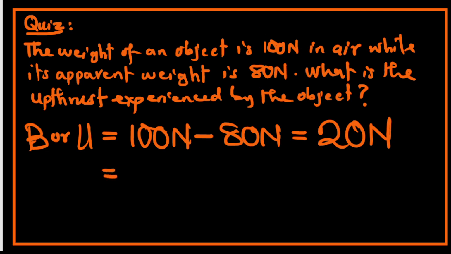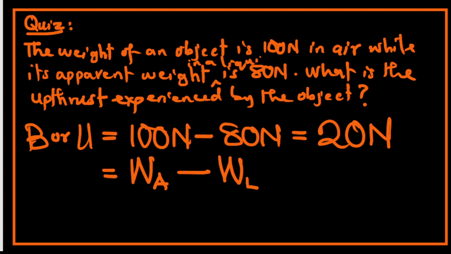So upthrust will always be weight in air minus apparent weight in a liquid. So that is how you obtain upthrust. That's the main definition of upthrust: the upward force experienced by an object when immersed in a fluid.